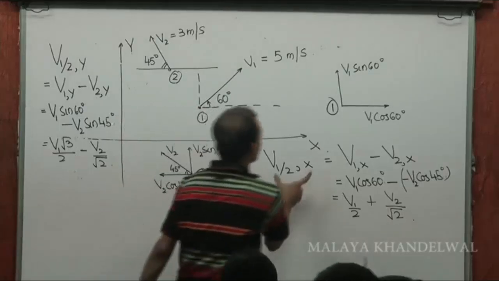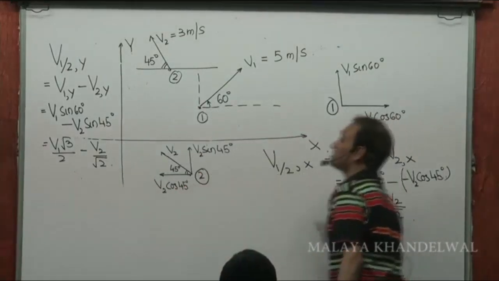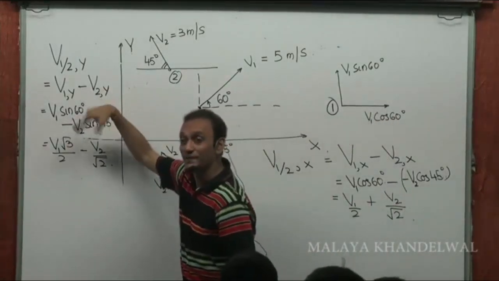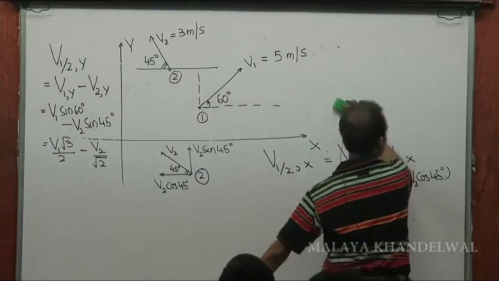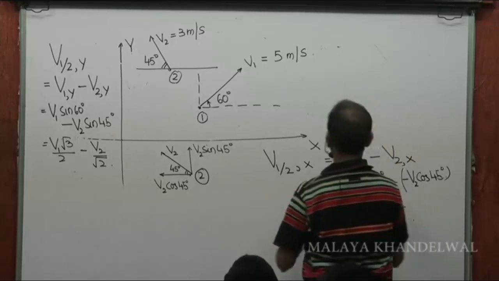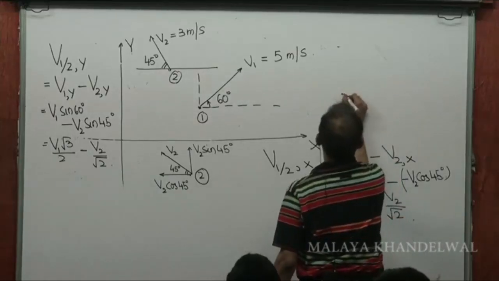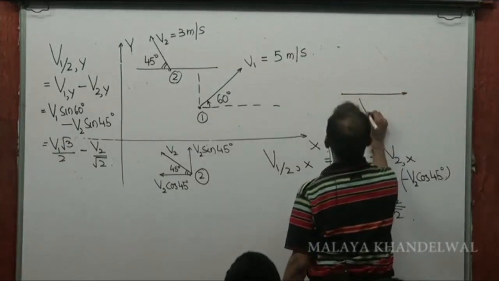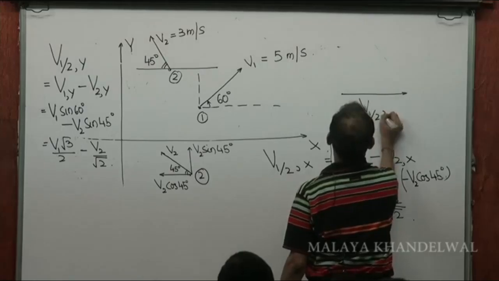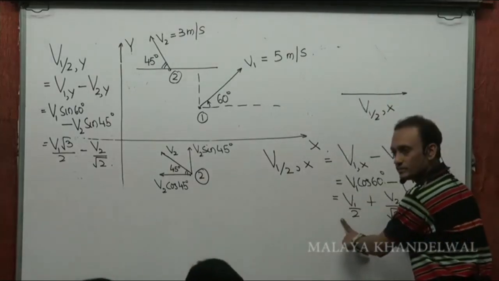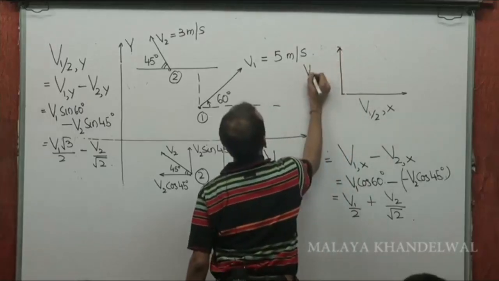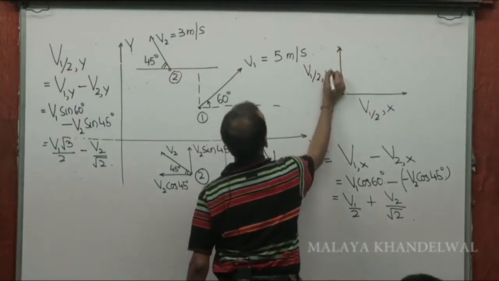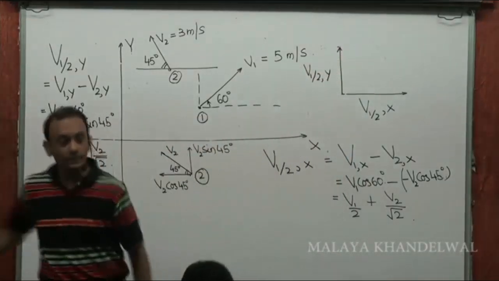That means this is their relative velocity along the x-axis. This is their relative velocity along the y-axis. Okay. Which means if I have velocity of 1 with respect to 2 along the x-axis known to me, which is this, and if I have velocity of 1 with respect to 2 along the y-axis, which is this, right?